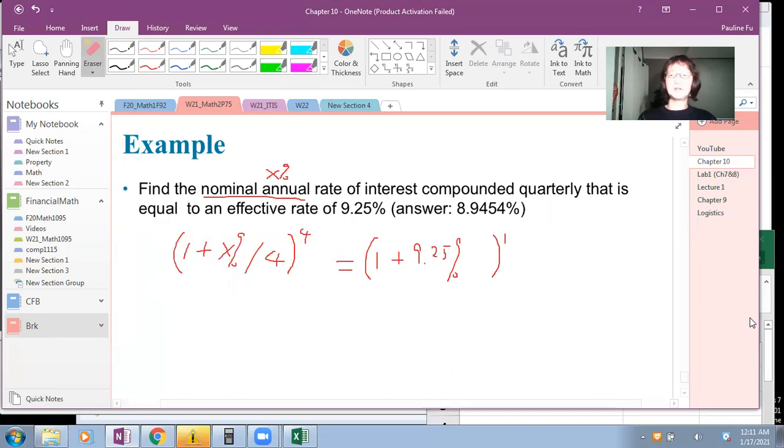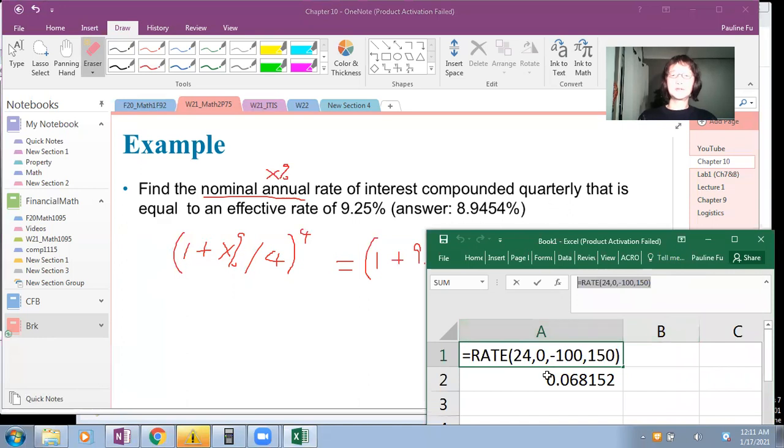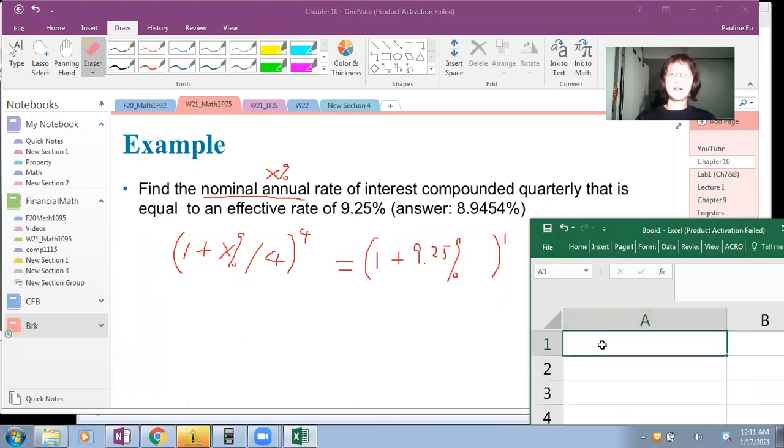Okay, so I'm going to use Excel to solve for this x. Right hand side equals 1 plus 9.25%. This is my right hand side, and this right hand side is raised to the power 1 over 4.